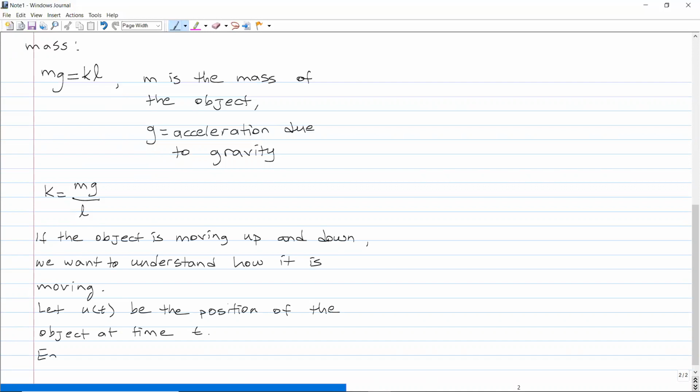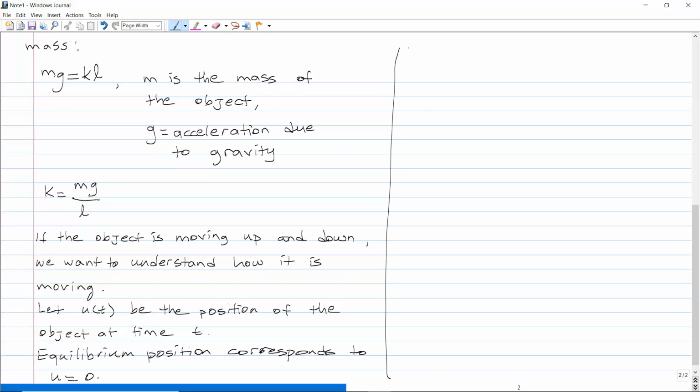We consider the equilibrium position to correspond to position 0. At the equilibrium position, the position of the object is 0, and when it is moving up and down, we denote the position by u of t.